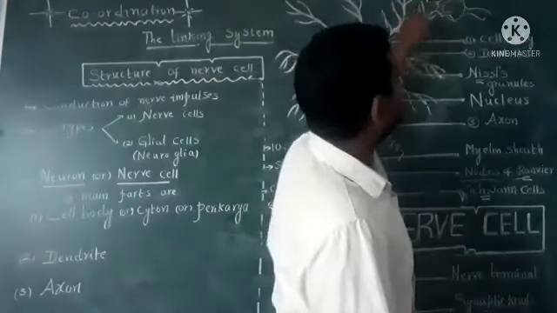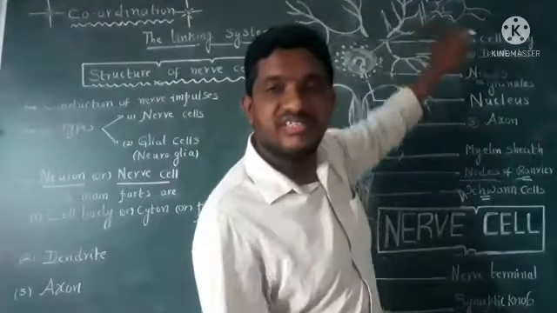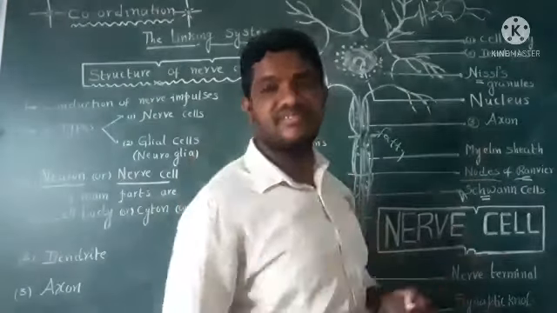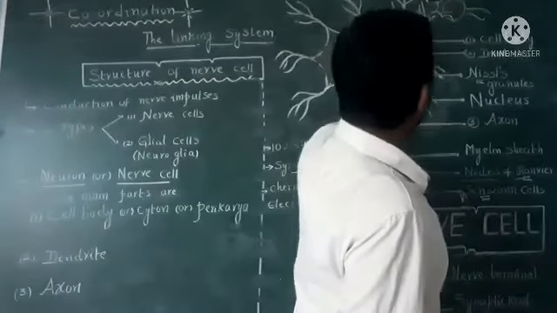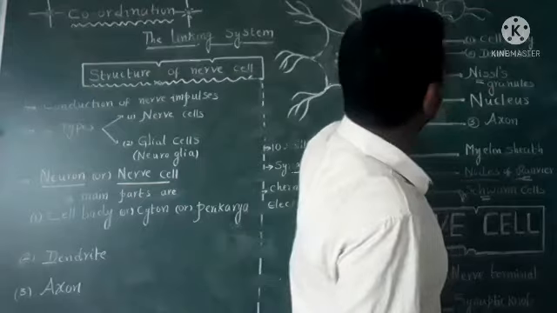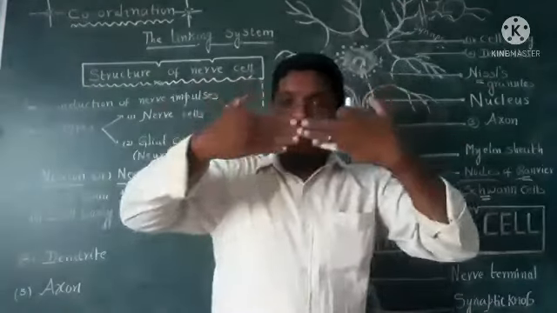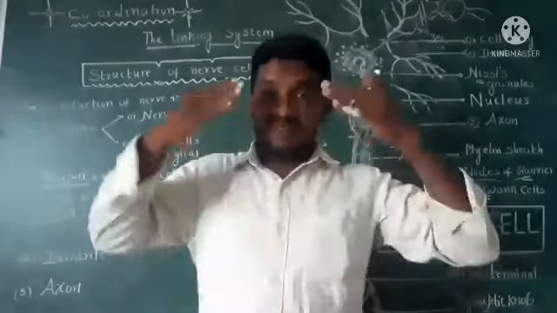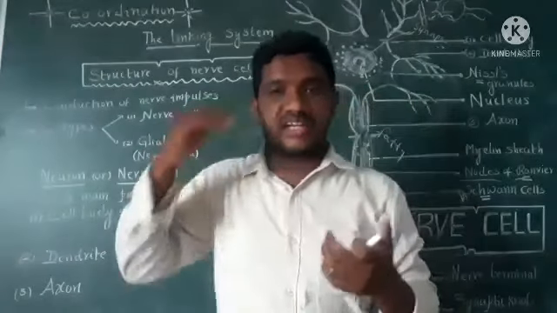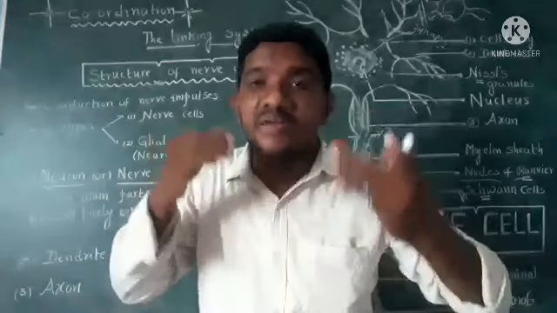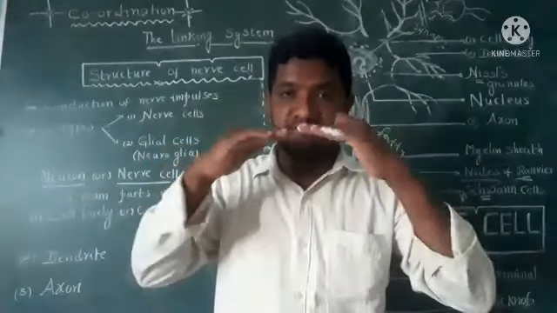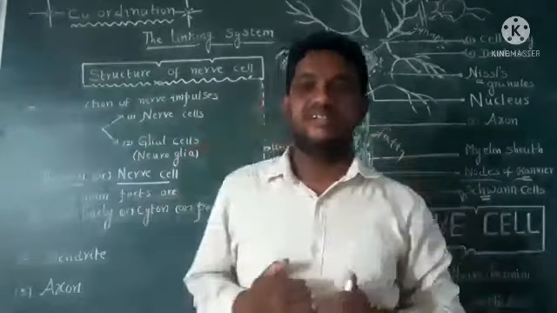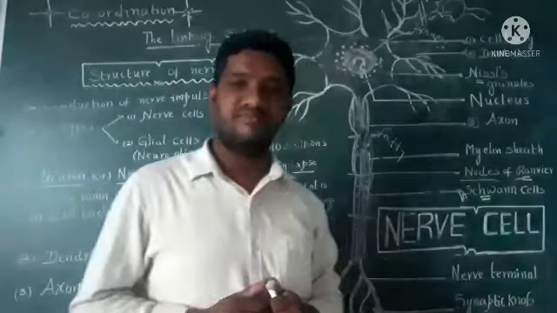The gap between two neurons is called a synapse. Information passes from one neuron to another in the form of chemical signals or electrical impulses. Just keep in mind, these points are most important.